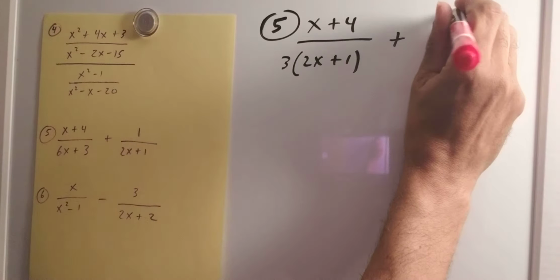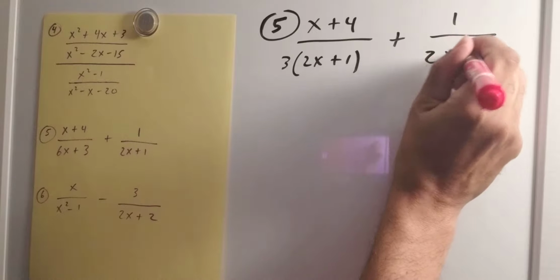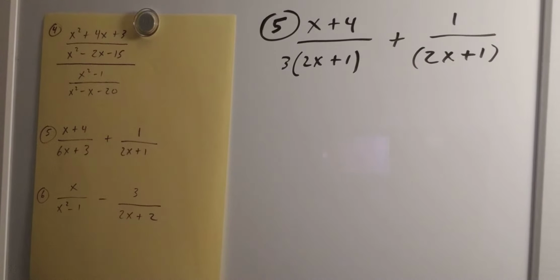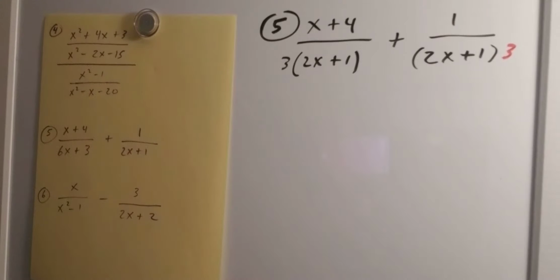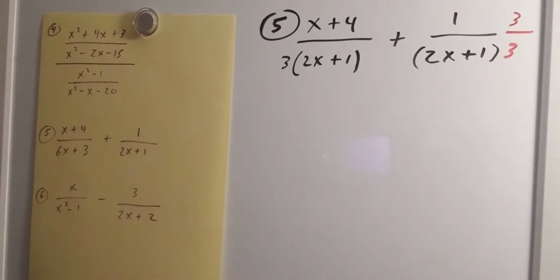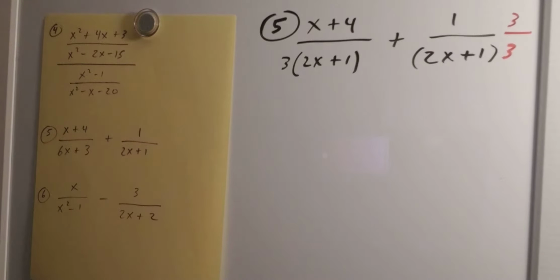Plus 1 over 2x plus 1. All right, the second fraction is missing the factor 3 in the denominator. So multiply denominator by 3 to make the denominators the same. We need to multiply this expression by 3 over 3 so we don't change it. It's multiplying it by 1.